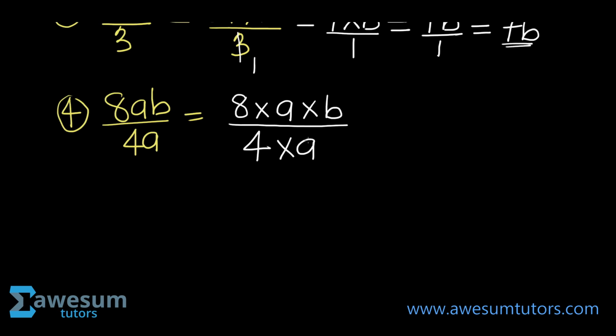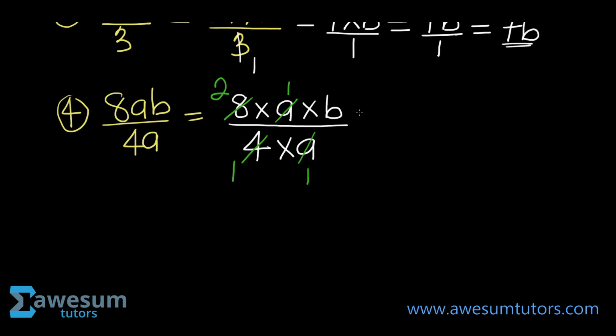If you take a look at this, there is a in the numerator and there is a right here at the denominator. A in a is 1, a in a is 1, they cancel out. We have done that in fractions before, right? How to divide fractions. 4 in 4 is 1, 4 in 8 is 2.